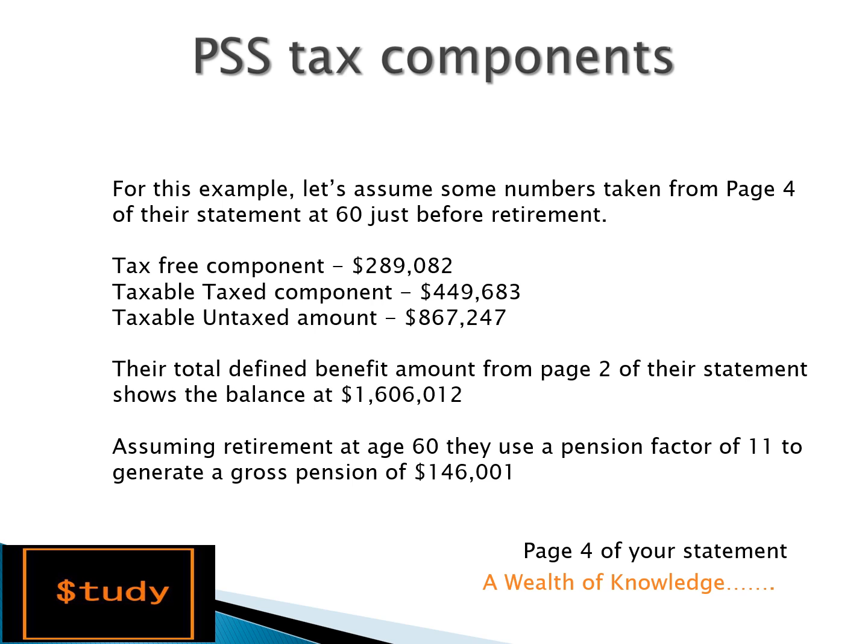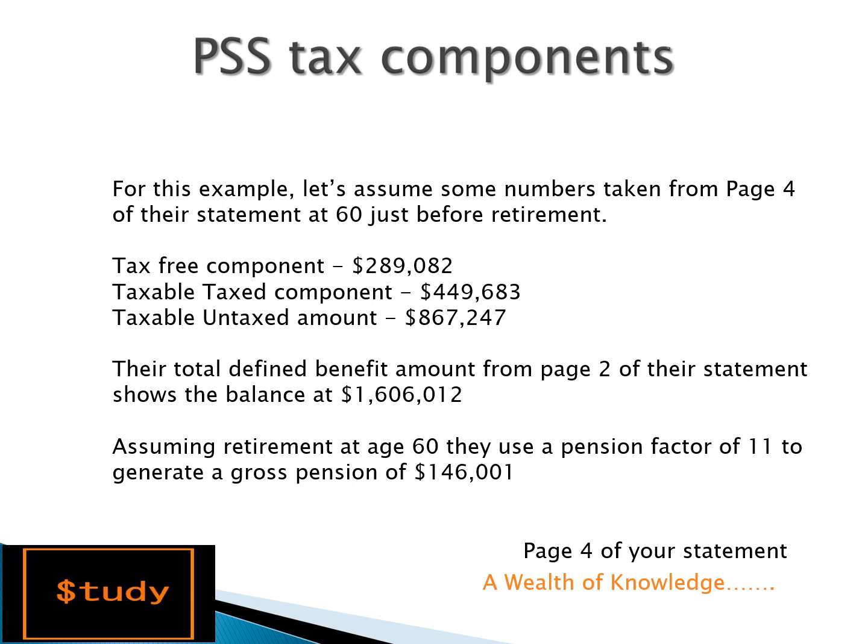This person on page 4 of their statement finds they've got 3 different tax components with values of $289,000 for the tax-free, roughly $450,000 for the taxable taxed, and $867,000 odd for taxable untaxed.